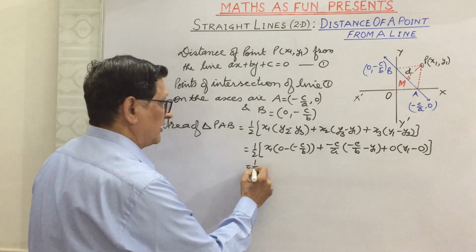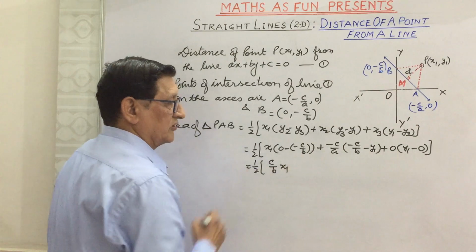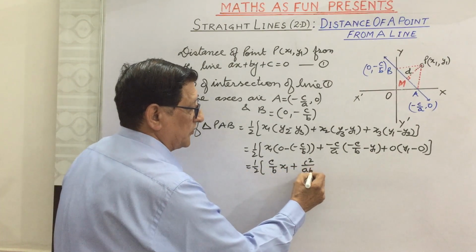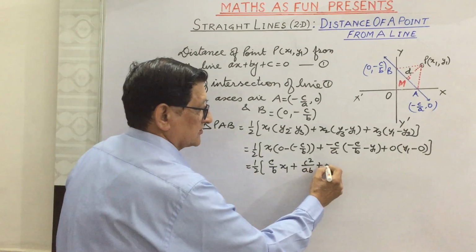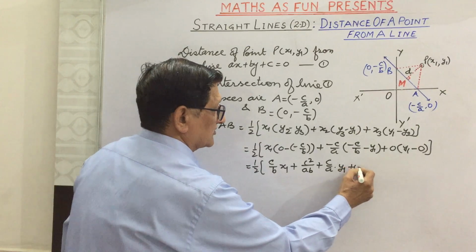Simplifying this, we are getting half into c upon b into x1 plus c square upon ab plus c upon a into y1 and plus 0.